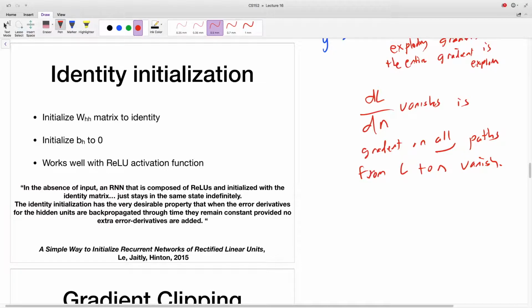Okay? So in general, you should do this. Just initialize the HH matrix to identity and initialize the bias to 0. Okay? And lots of packages out there just don't do stuff like this automatically.